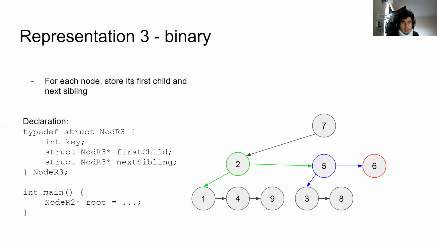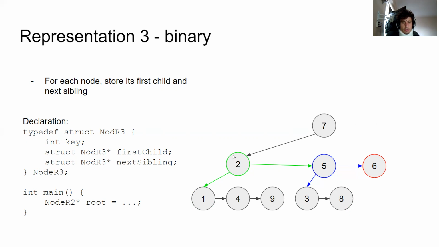Okay, and the final representation is the binary one. This one is a bit weird. Basically for each node, we will store its first child and its next sibling, so its brothers.